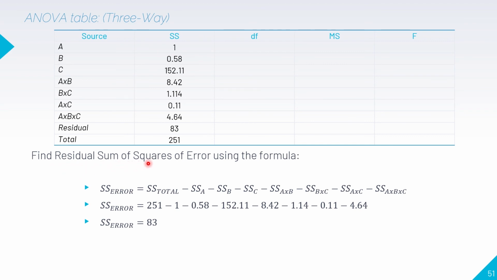Find the residual sum of squares of error using the formula SS error equals SS total minus SSA minus SSB minus SSC minus SSA by B minus SSB by C minus SSA by C minus SSA by B by C. So just put the values here and minus them all from the total, 251. Now we have our SS error or the residual, 83.